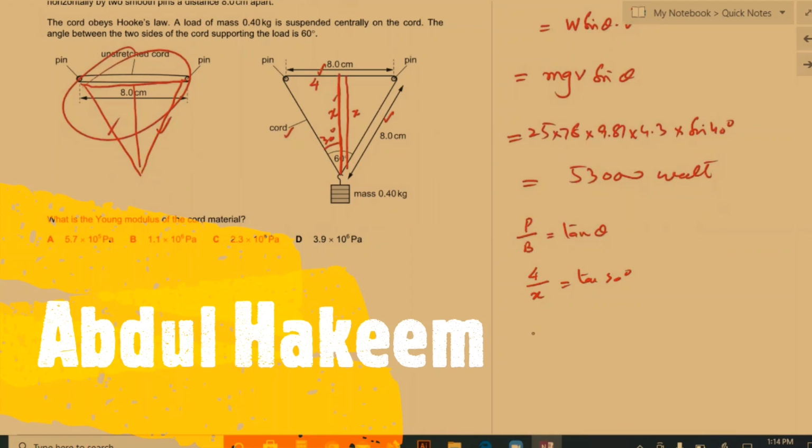Approximately X is equal to 6.93. So the total extension E will be 2X. It becomes 6.93 times 2, approximately 13.85 centimeter, meaning 0.1385 meter.